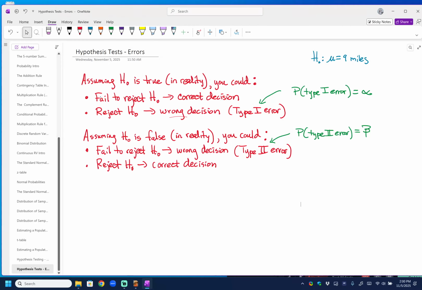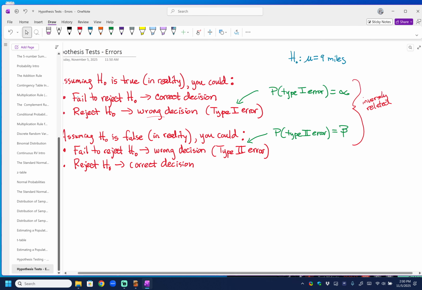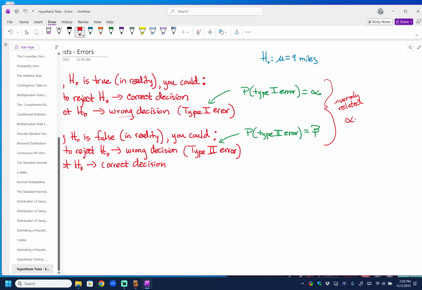That being said, there is a very important relationship between alpha and beta. Specifically, they are inversely related. So what exactly does that mean? That means that if you decided to increase the probability of a type 1 error occurring, then that would result in the probability of a type 2 error decreasing.